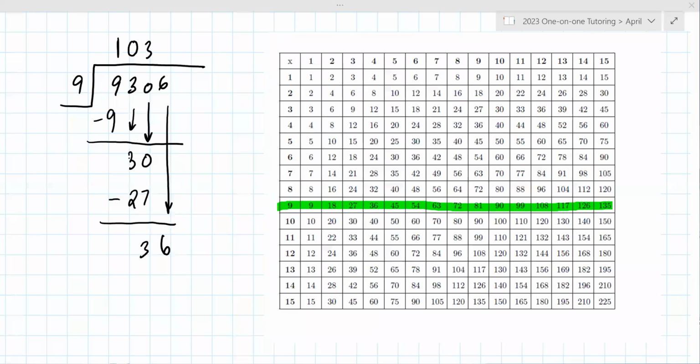How many times does 9 go into 36? 4 times. Okay.